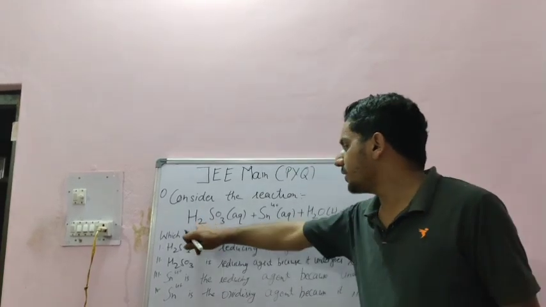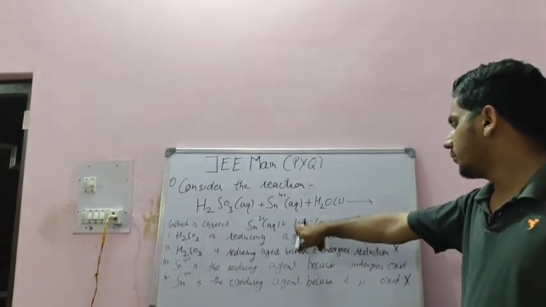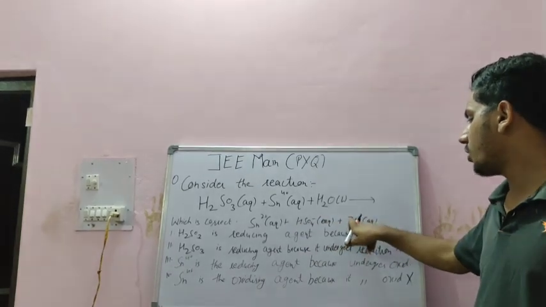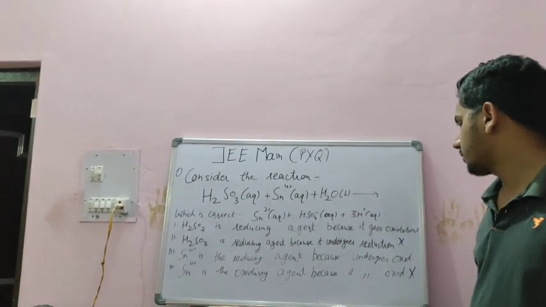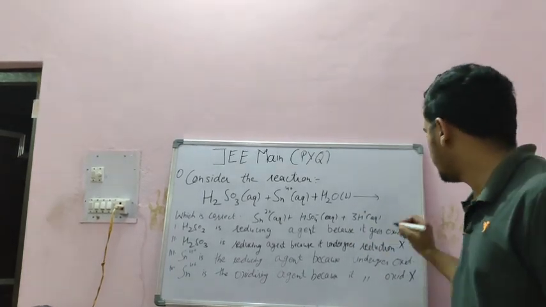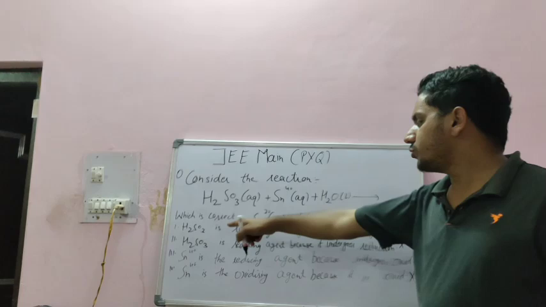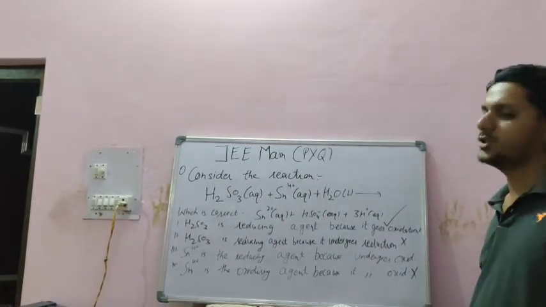But in the case of H2SO3, it undergoes oxidation, by loss of electrons, and acts as a reducing agent. So the correct statement is the first one, that H2SO3 is a reducing agent because it undergoes oxidation.